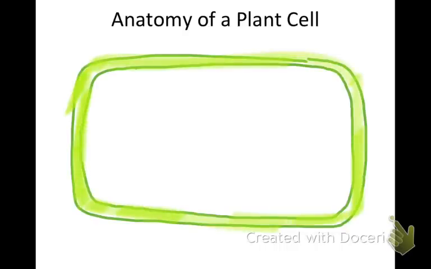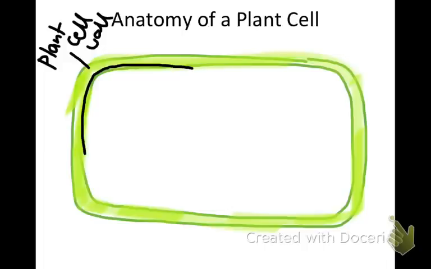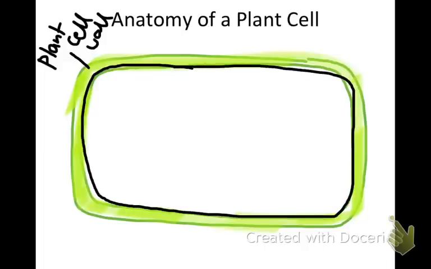Okay, so this would be my plant cell wall, which we actually saw in those microscopes in that earlier unit. Plant cell wall. Okay, and then we have the cell membrane under that. So the cell wall is actually covering the cell membrane.